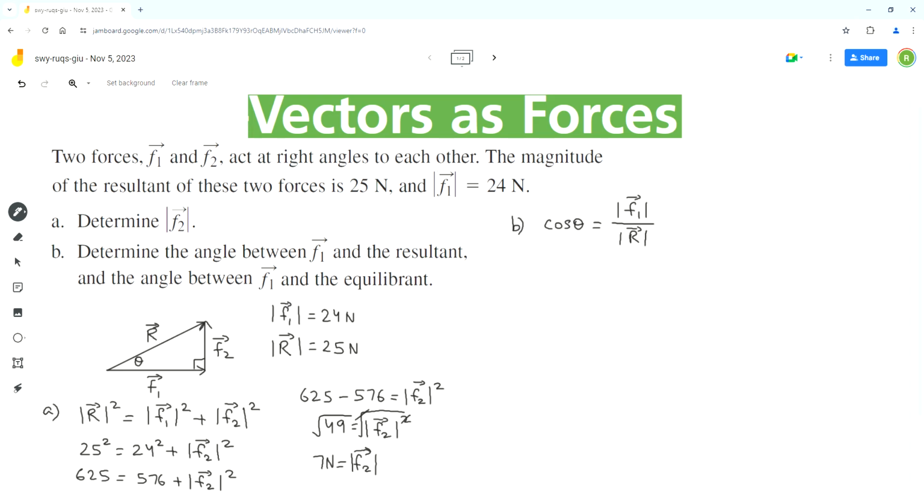We can also use magnitude of F2, so we can use tan or sine ratio as well, but it's better to use the values that are given in the problem, so that way in case you make any mistake in doing the calculation for the length of the third side, you will still get the right answer for the angle.